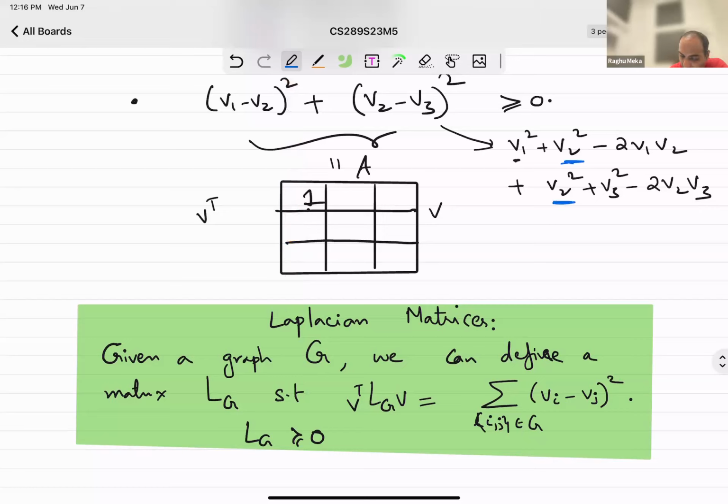These two things add up to give me 2. And this gives me 1. This gives me -1, -1. And finally, this gives me -1, -1.